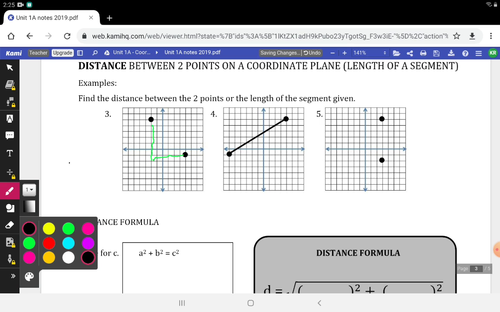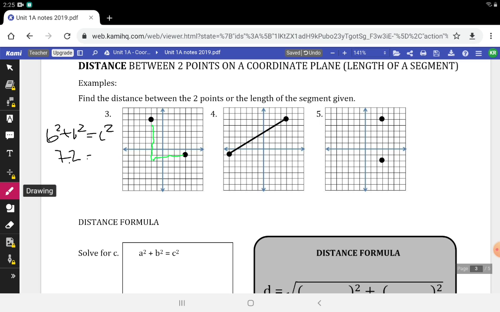So 6 squared plus 6 squared equals c squared. 6 squared is 36, plus 36 gives us 72. We'll take the square root, and we get 6 root 2 equals c.